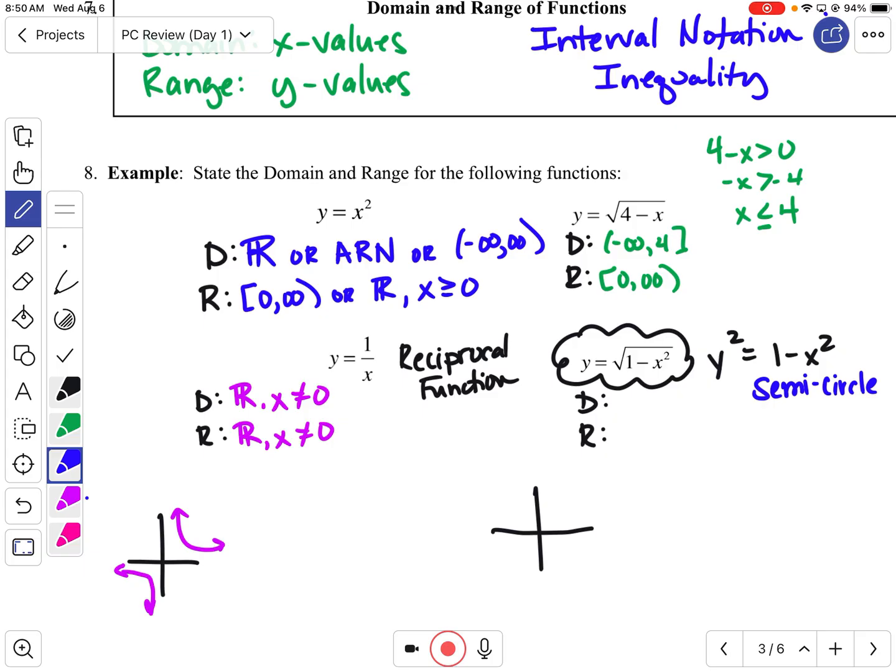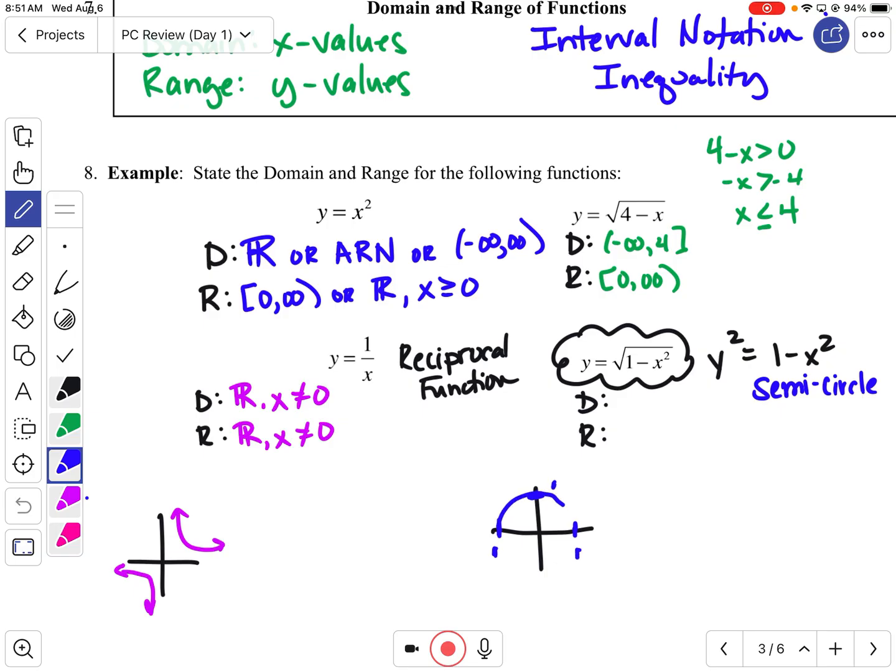Right? What's the radius of that semicircle going to be? What number's under that radical? 1. If I take the square root of 1, what is it? It's 1. That's going to be my radius.